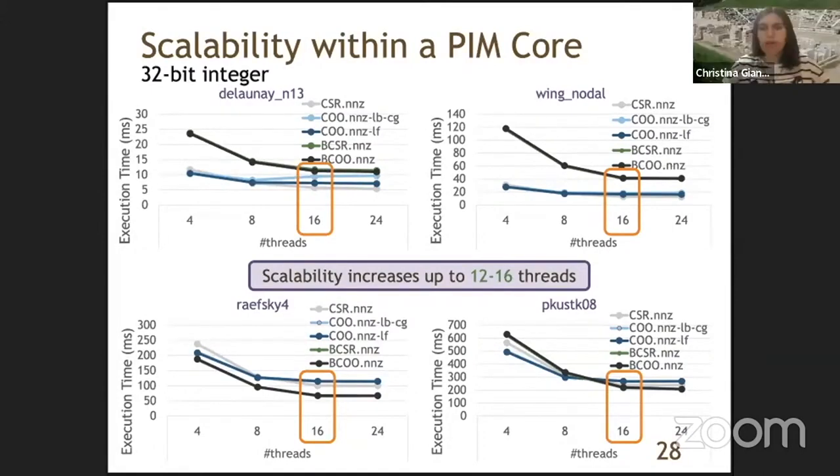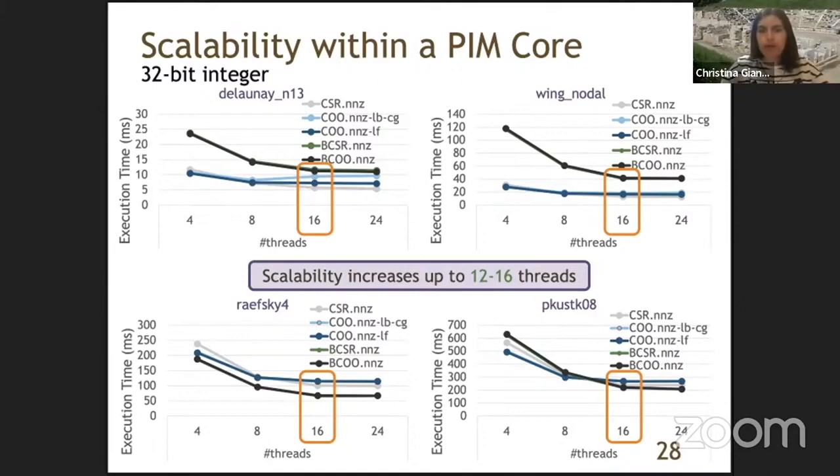Yes, so this depends on the load balancing scheme and where the bottleneck is. For example, in the Delaunay matrix, which is the top left matrix, the performance for the CSR format, the gray one, with 24 threads is slightly better than with 16 threads.